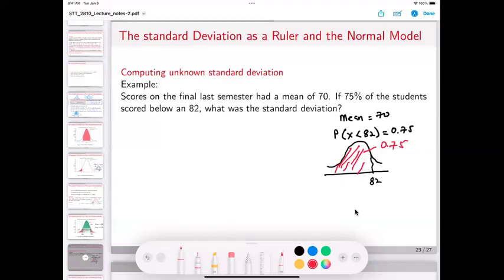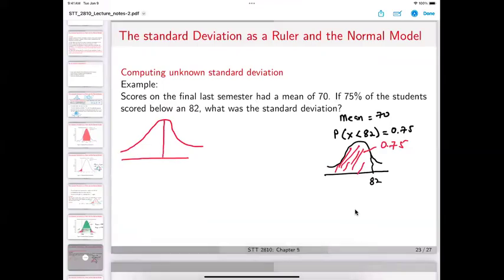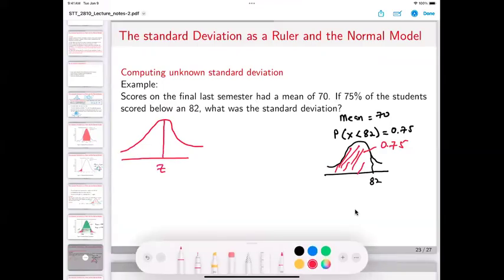Now, since we have this, let's try to replicate this in the Z form, in the standard normal form. Same graph here. And then let me put this thing here. What's the Z value here? And then the area here is 0.75.